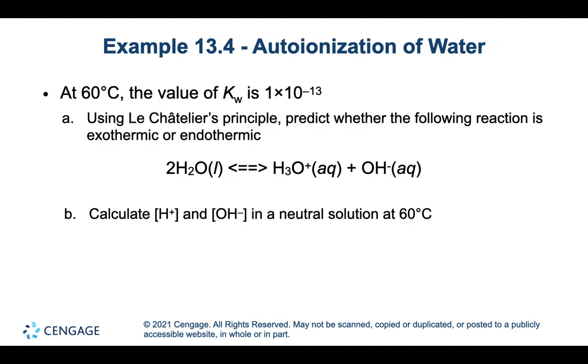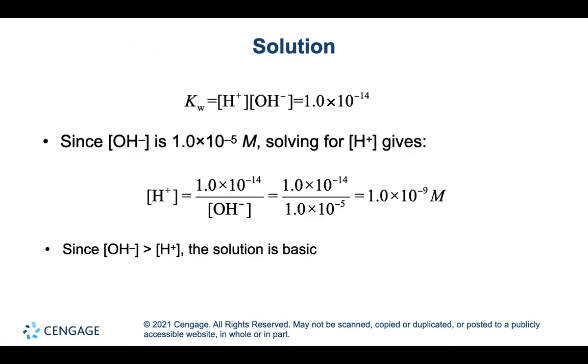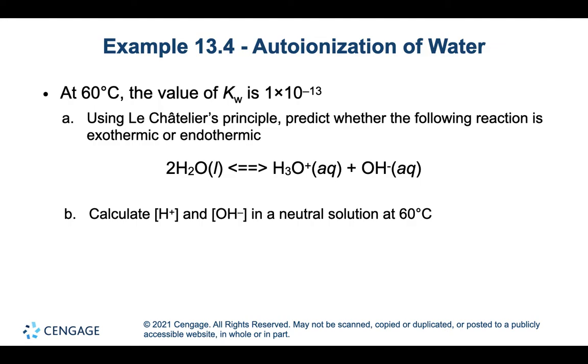Now here's a little interesting relationship. At 60 Celsius, remember Kw that we had previously, 1 times 10 to the minus 14, is based on 25 degrees Celsius, room temperature. But if you warm water up, the Kw changes from 1 times 10 to the minus 14 to 1 times 10 to the minus 13.